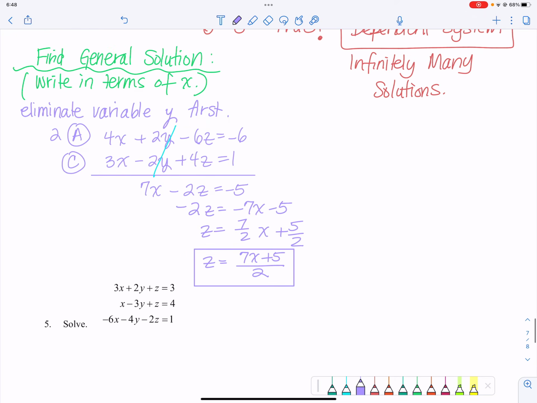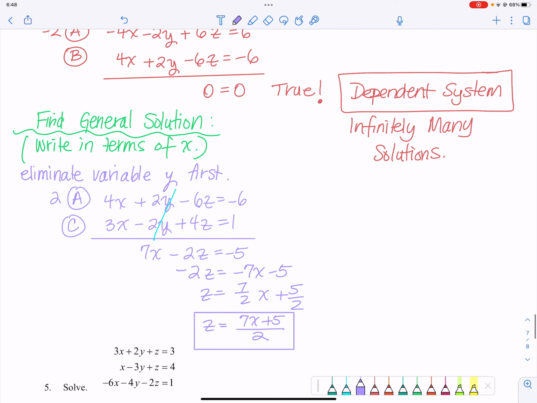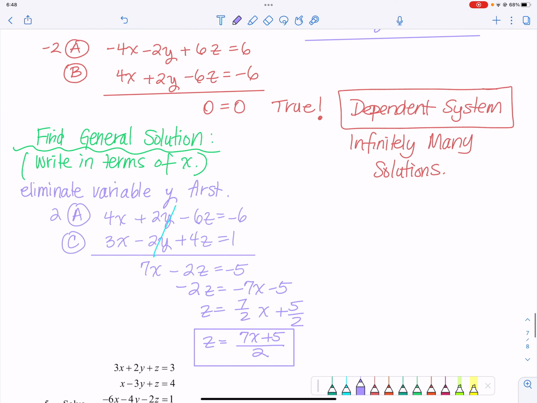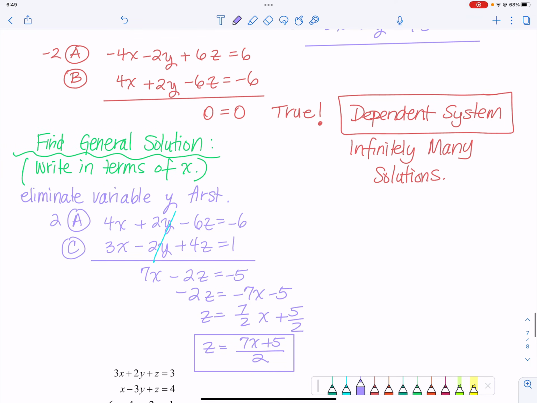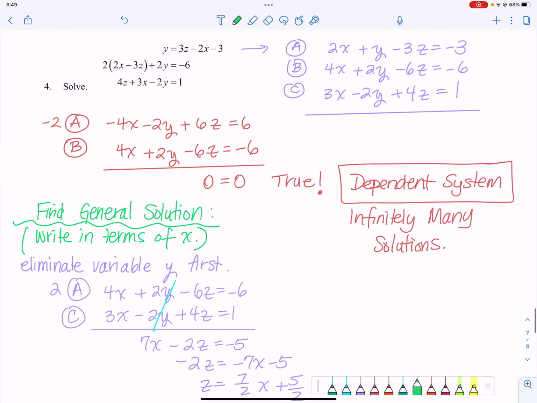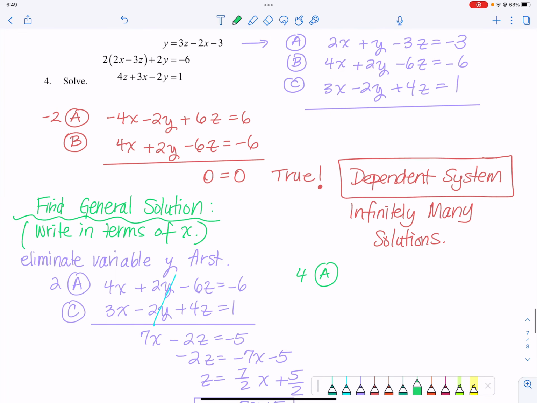So now all we need is an expression for y. And if you look at our original equations, we could use A and C again. In A, we would multiply A times 4 to eliminate z, and in C, we would multiply by 3.